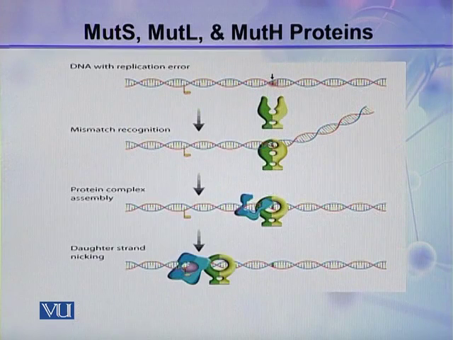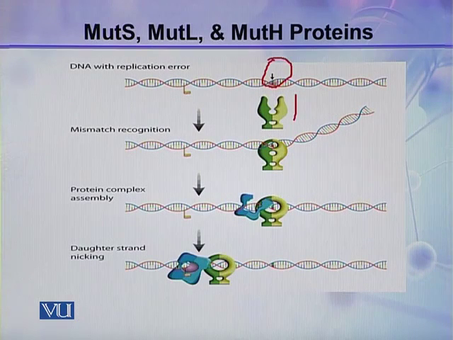So here you can see this is the damaged site, the mismatch site, and this is MutS. It binds to the damaged site and then it recruits MutL. This blue one is MutL, and this complex is formed.